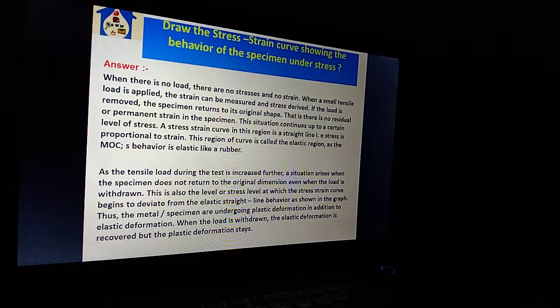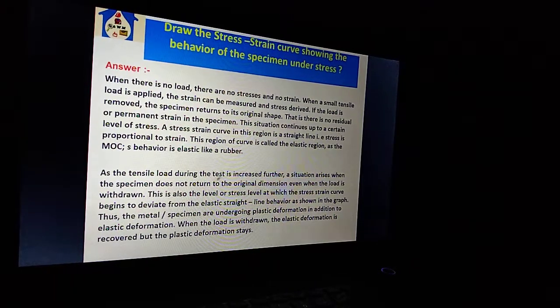This is the stress level at which the stress-strain curve begins to deviate, and the specimen undergoes plastic deformation in addition to elastic deformation. When the load is withdrawn, the elastic deformation is recovered, but the plastic deformation stays.